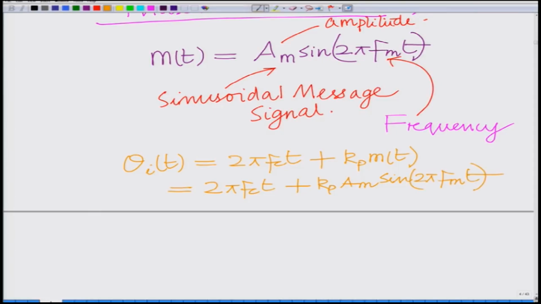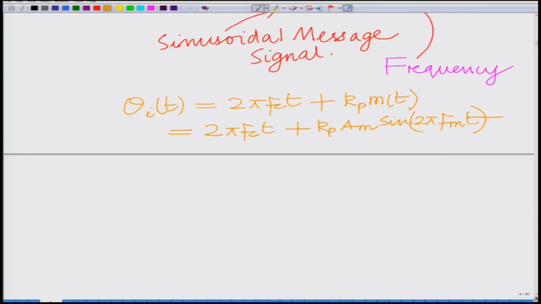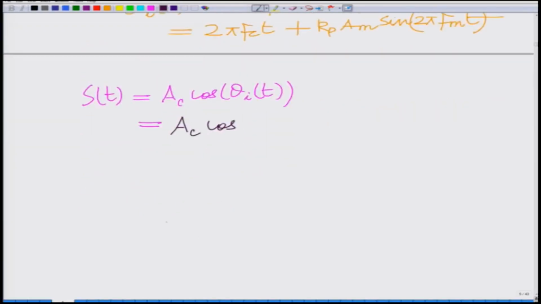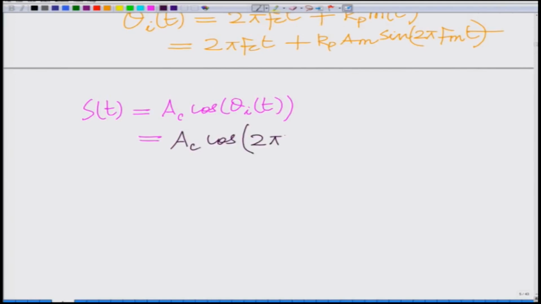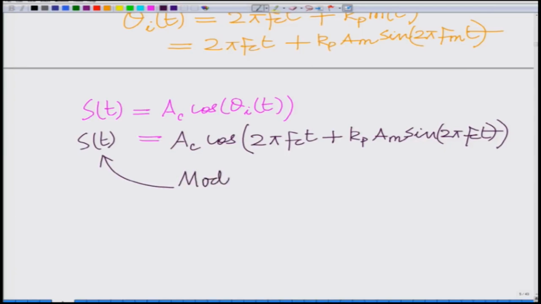So, this is your theta_i(t), and therefore, the net modulated signal is given by s(t) equals A_c cosine theta_i(t), which is basically A_c cosine of 2 pi f_c t plus k_p A_m sin 2 pi f_m t. This is the modulated signal. Okay.